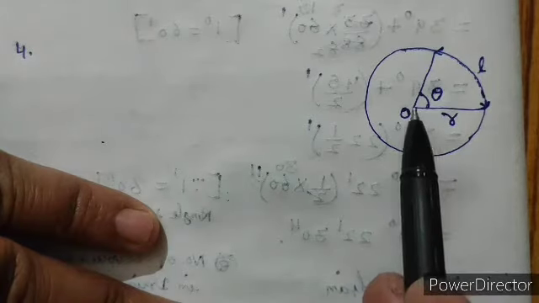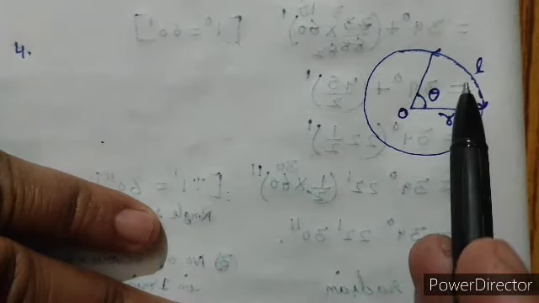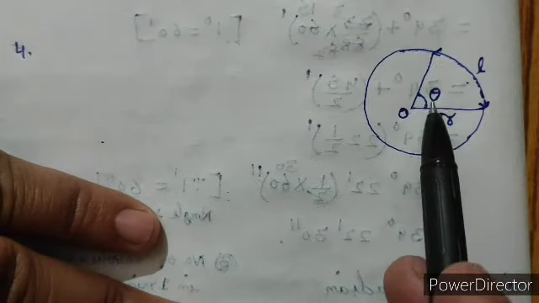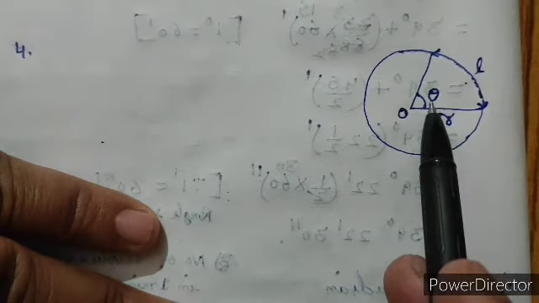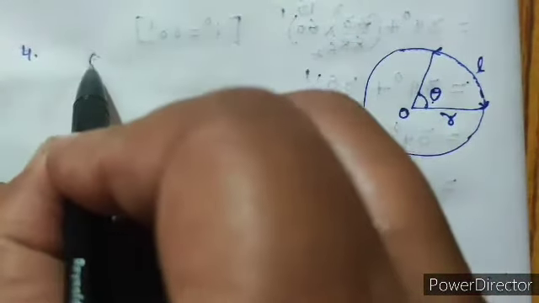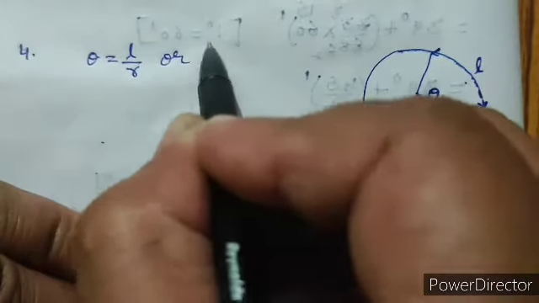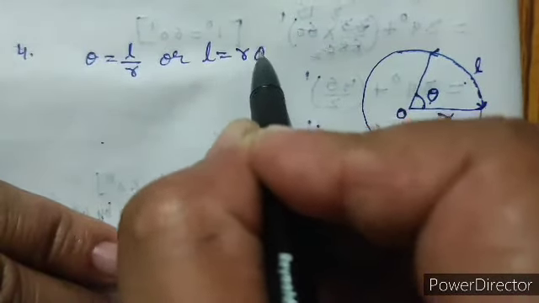Now if in a circle of radius R, an arc of length L subtends an angle theta radian at the center, we have theta is equal to L by R, or we can say L equal to R theta.